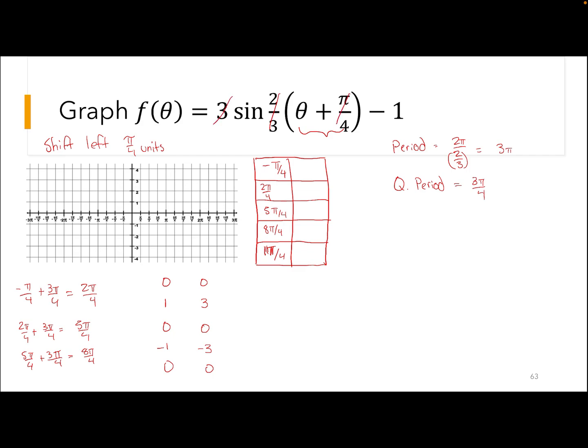We've done the pi over 4. We've multiplied everything by 3. And the last thing that we need to do is subtract 1 from all of these. So we're going to get -1, 2, -1, -4, and -1. So that means those are the values that go in our table. So we get -1, 2, -1, -4, and -1.